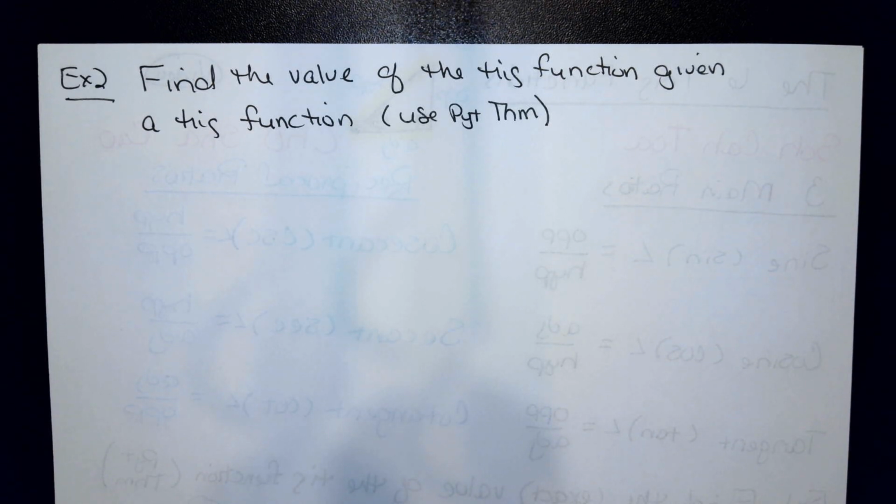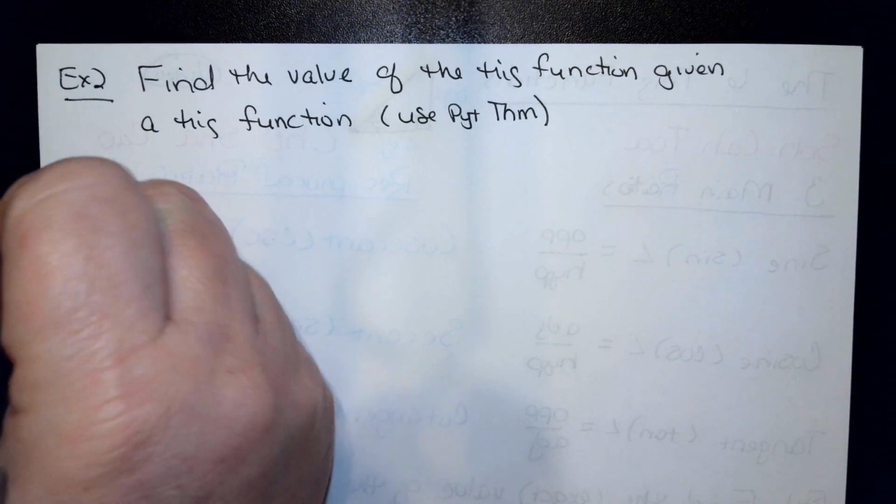In example 1, we were given the lengths of the sides of the triangle. Sometimes we were given all 3 sides, so that was good. We didn't have to do any work other than the ratio. But sometimes we were given only 2 sides and we had to use the Pythagorean theorem. But for this one, they're going to take it a step further. They're going to give you a trig ratio and ask you to find a different trig ratio.